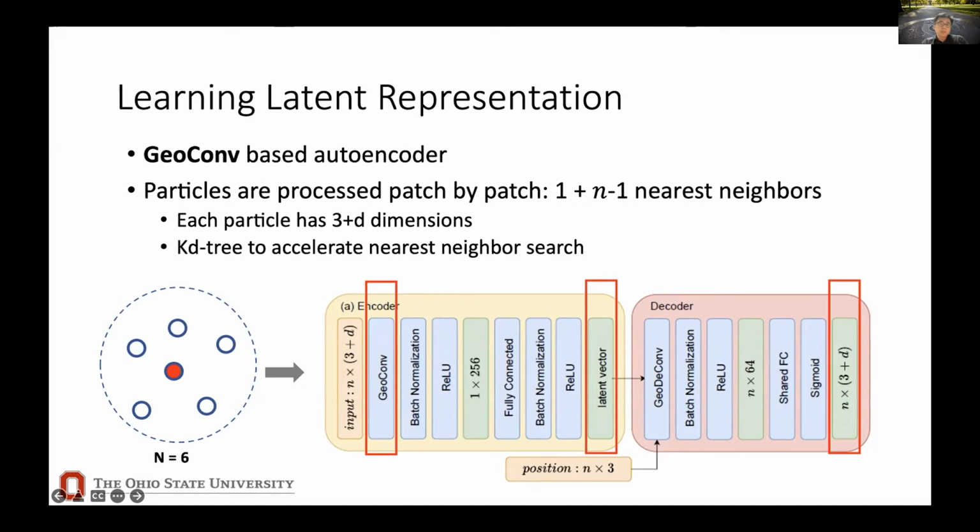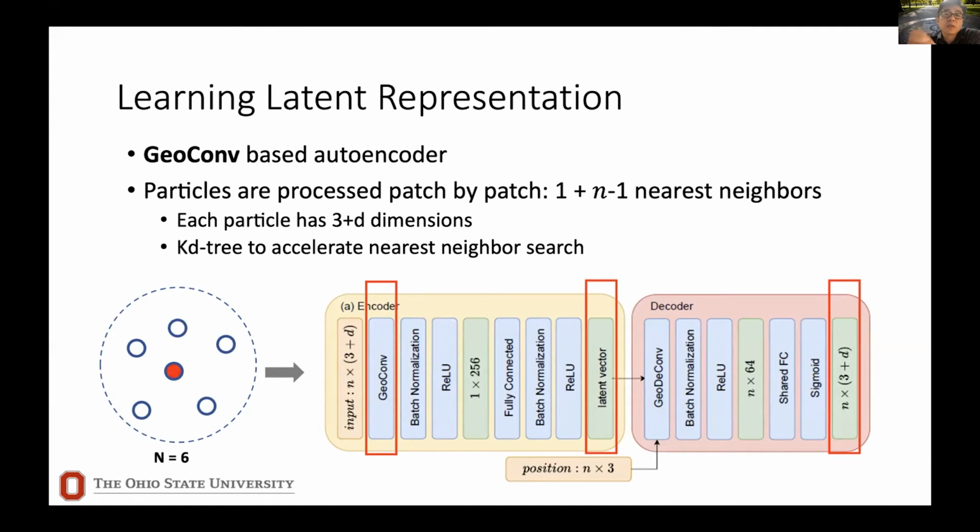Typically, when we design such an autoencoder, we assume you are going to input something called particle patches. A patch of particles contains n particles, which include one particle in the center, the particle in question, plus n-1 nearest neighbors. How do you identify nearest neighbors? You probably need some preprocessing, for example KD partitioning.